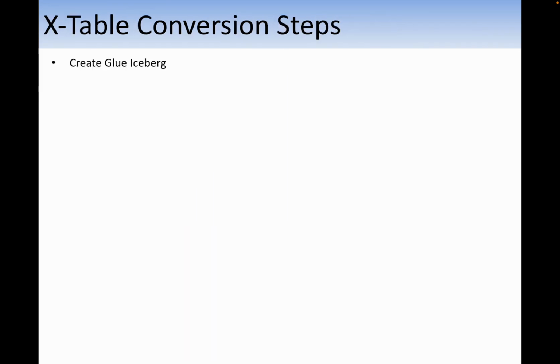Okay, let's review some steps. So first we're going to create an Iceberg table, which is going to be stored in Glue catalog, and of course S3 is our storage. And then I'm going to walk through XTable configuration: where the table is located in S3, the database name, table name, and then we're going to discuss the Glue catalog.